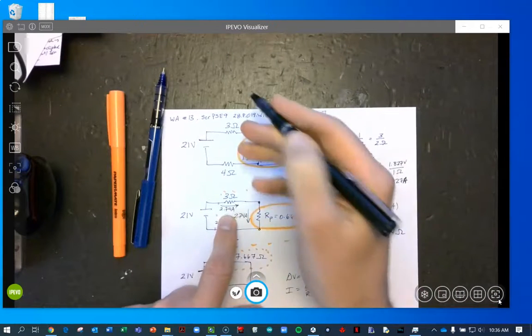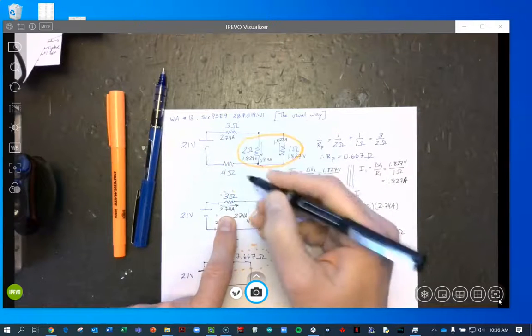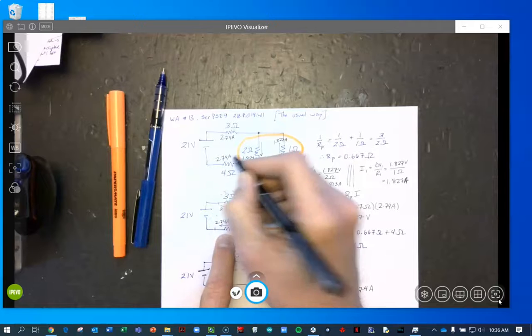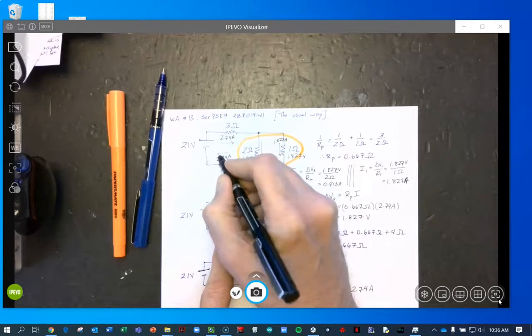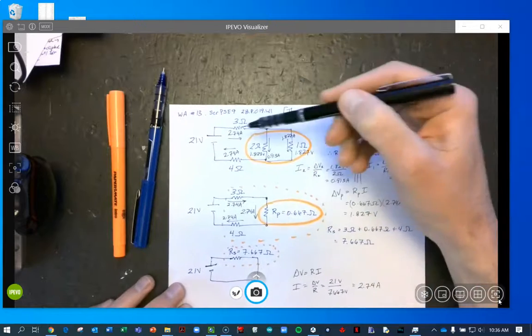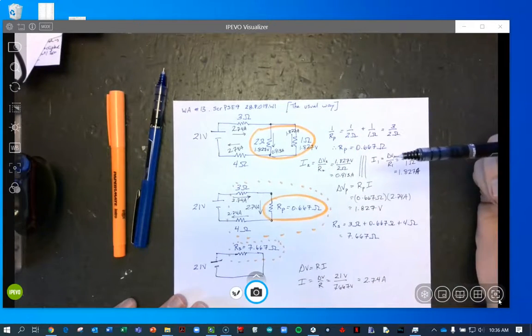And we know that this current is 2.74 amps, and this current is 2.74 amps. Now we have everything we need to solve for the power.